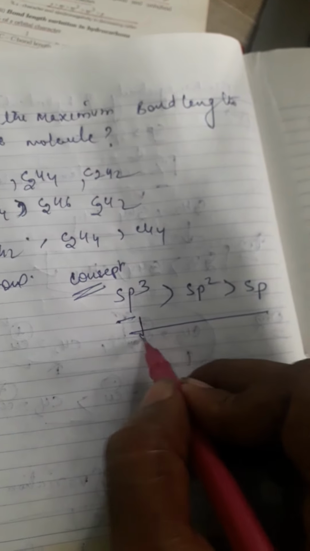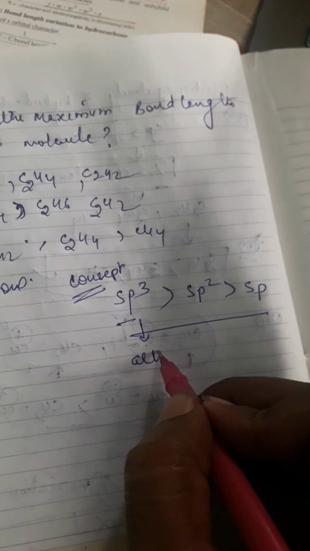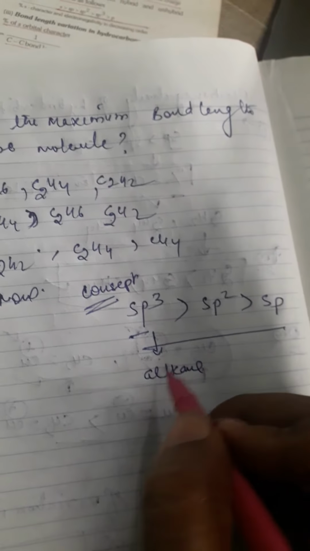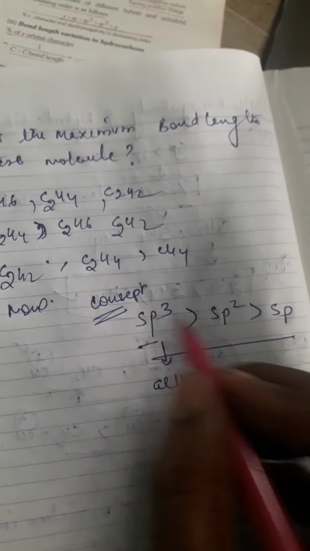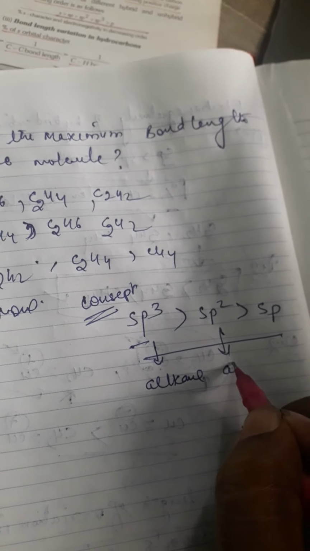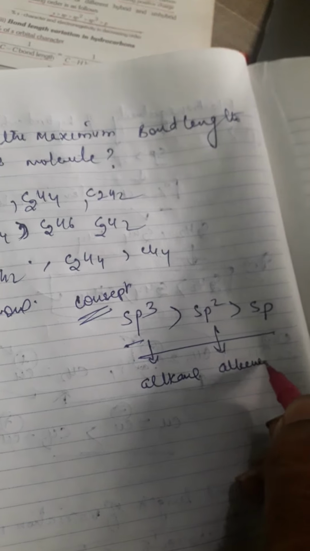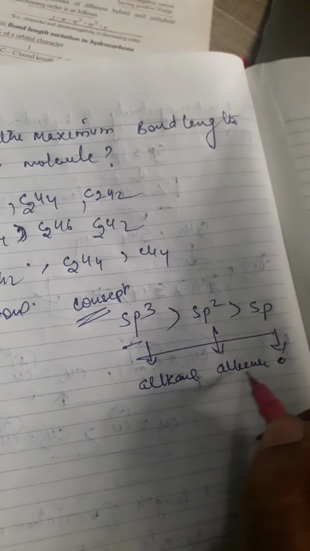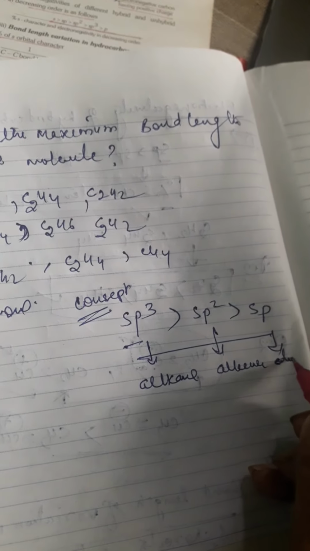The bond length of an sp3 hybrid orbital, meaning an alkane, a molecule with a single bond, will have much more bond length as compared to sp2 and as compared to sp. This is the alkene, this is the alkyne.